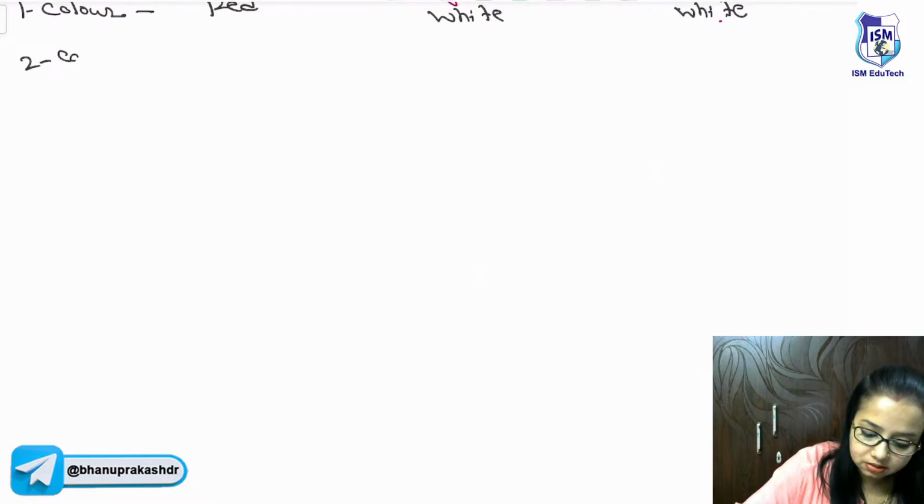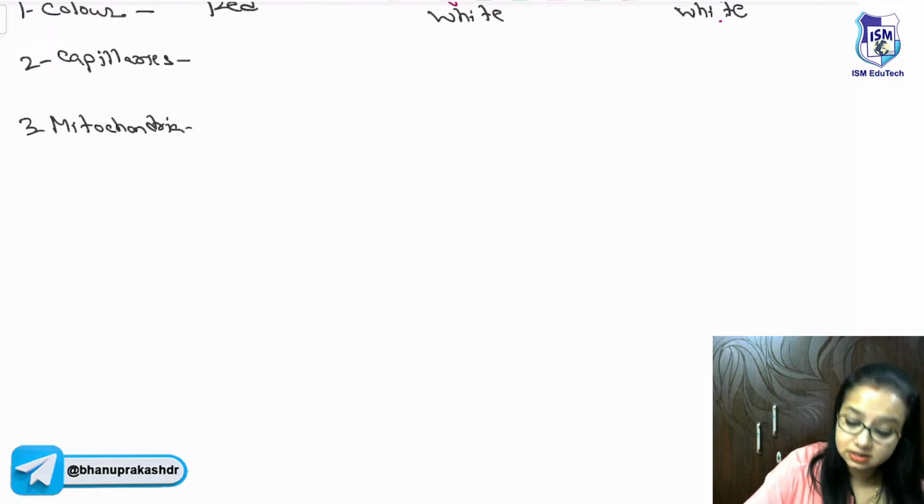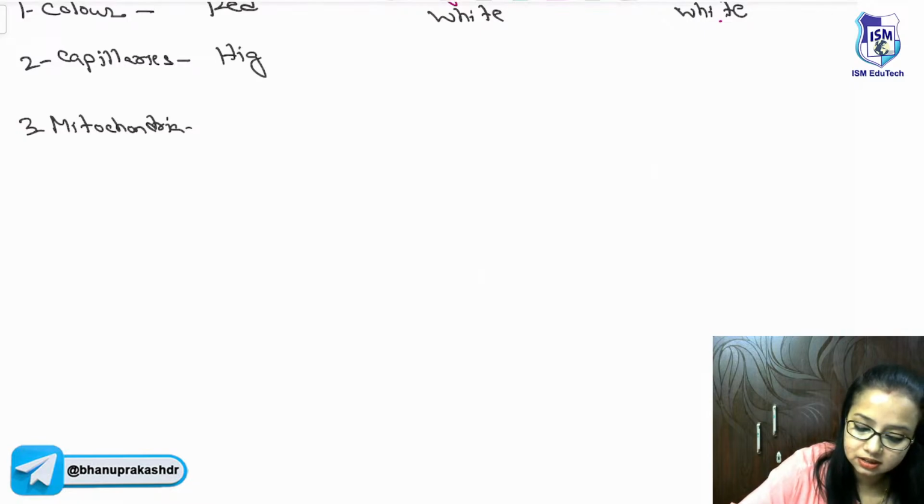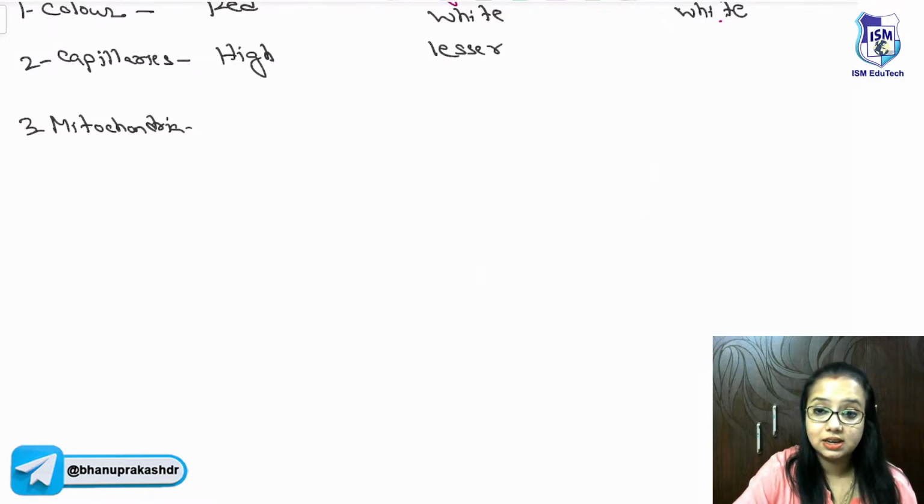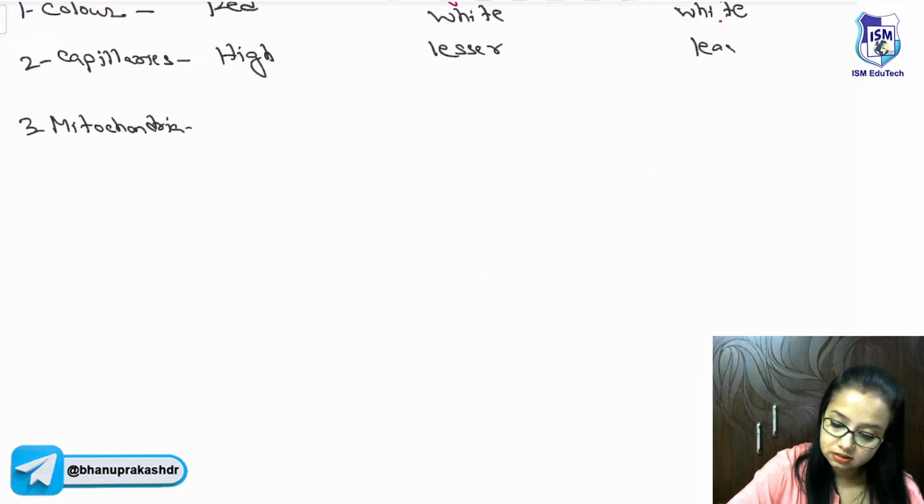Second is the capillaries and mitochondria. The capillaries are high, in large number. This is lesser and this is least, in comparison to each other. So type 2A is lesser than type 1 and then type 2B is the least.